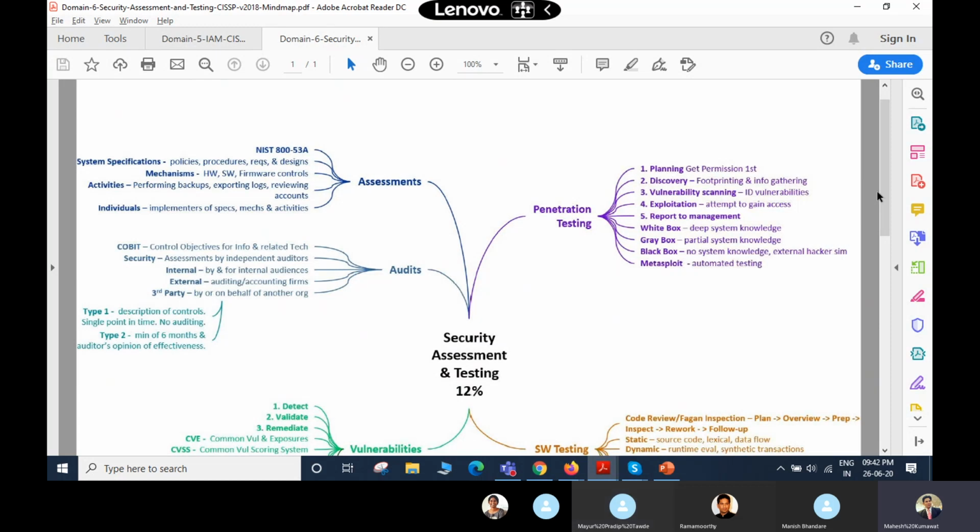One is active, where we actually connect to the person or organization by calling or interacting with employees. The other is passive information gathering, the process of gathering information from available sources such as blogs, websites.